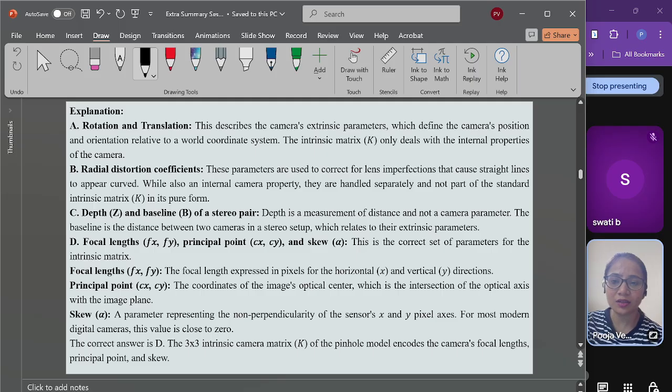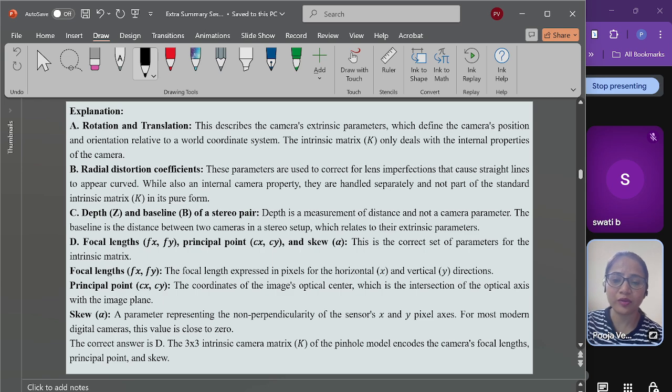Now the next one will be focal length, that is fx, fy, and principal point and skew. So this is the correct set of parameters for the intrinsic matrix. Firstly, the focal length is expressed in pixels for the horizontal and vertical directions, and the principal point represents the coordinates of the image optical center, which is the intersection of the optical axis with the image plane.